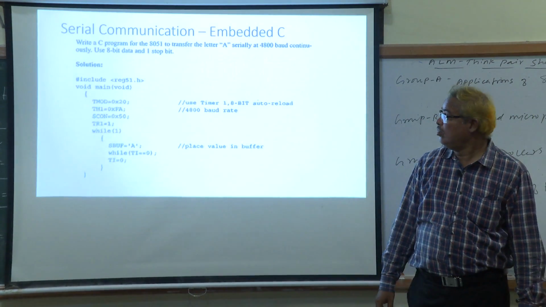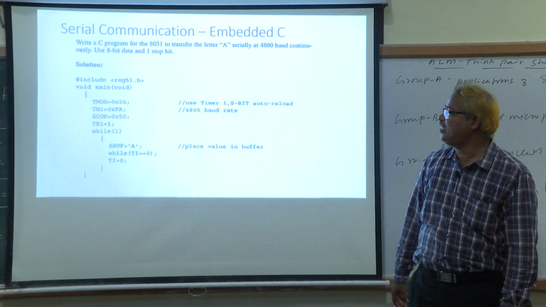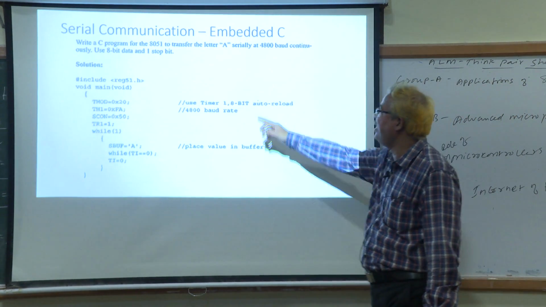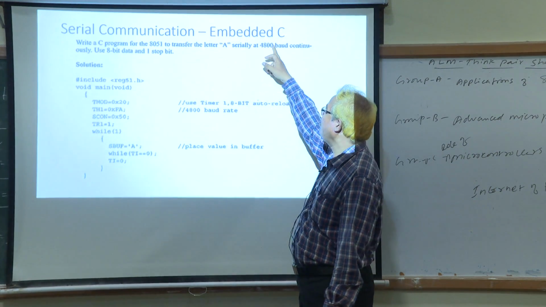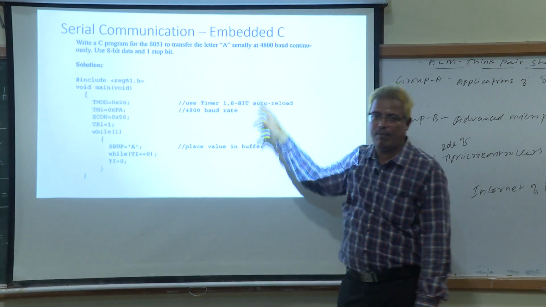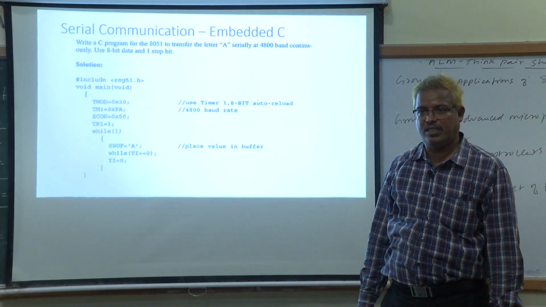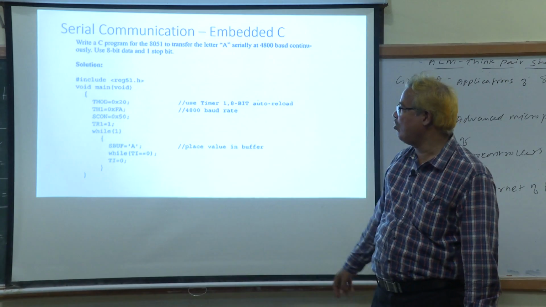Then this is a serial communication programming example. Write a C program for the 8051 to transfer the letter A serially. The baud rate is 4800. If we want to set the baud rate to 4800, we need to load the initial value of the timer as 0xFA.